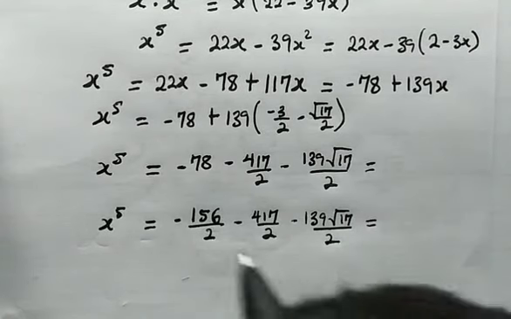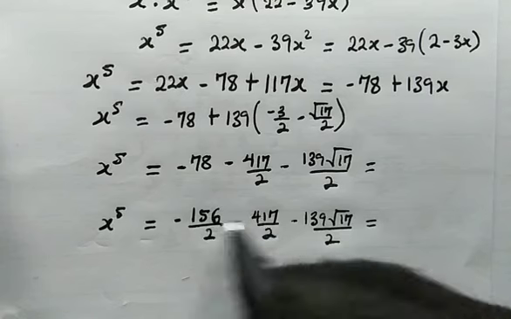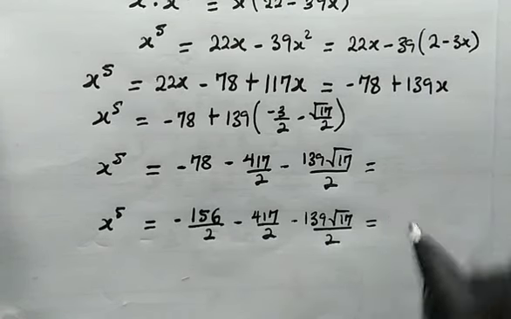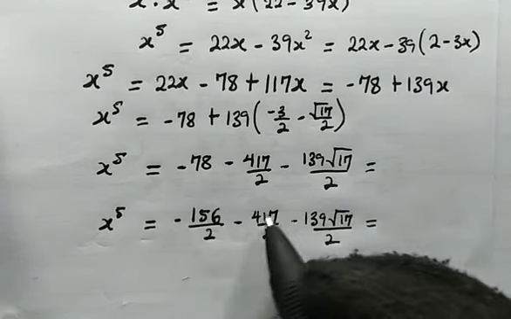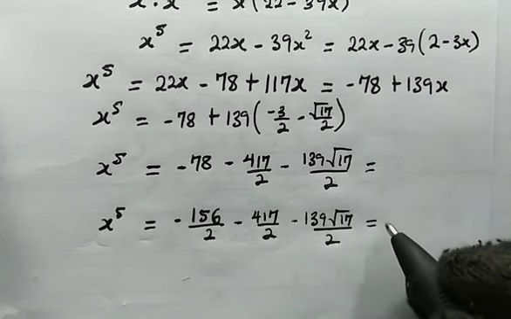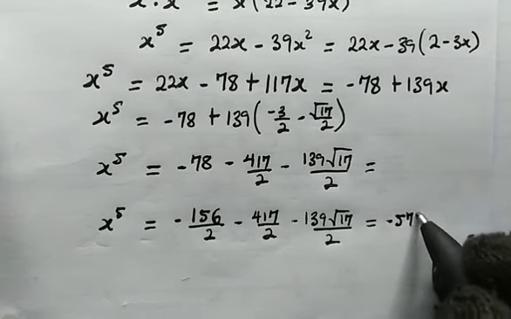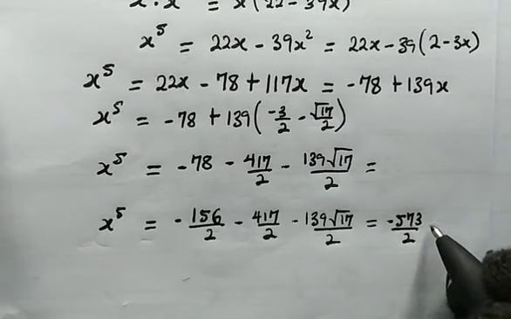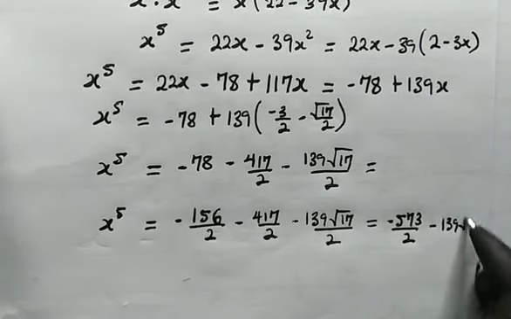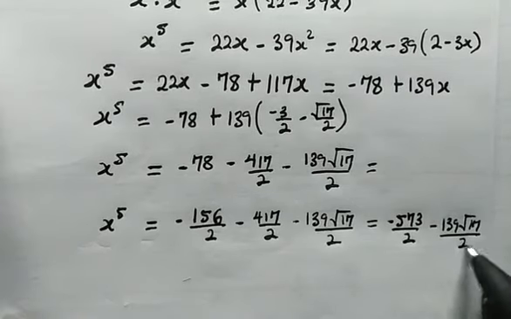Let's add this. Minus 156 minus 417 gives us negative 573, all over 2, then minus 139 root 17 all over 2.